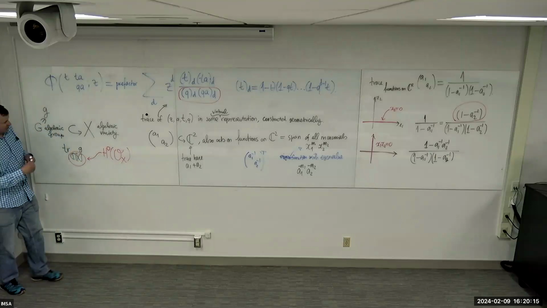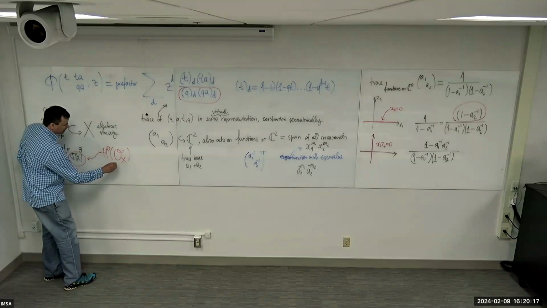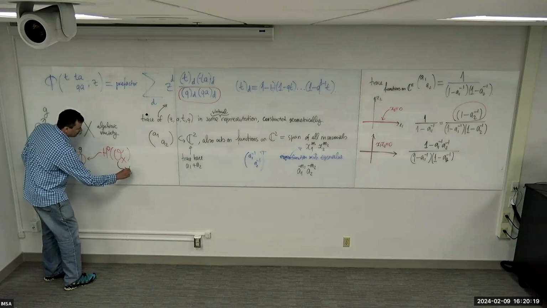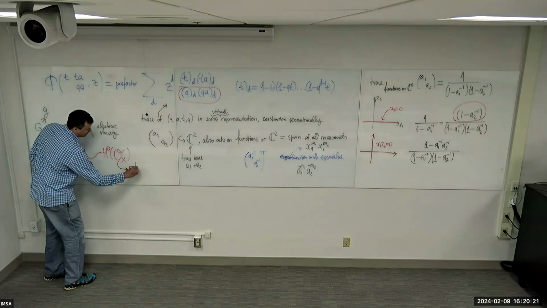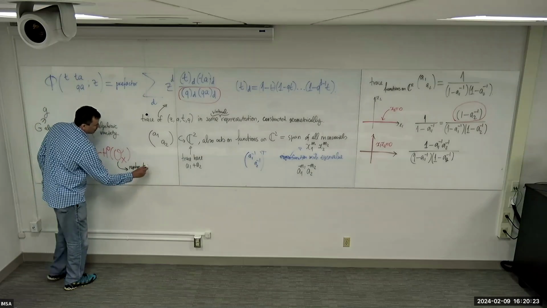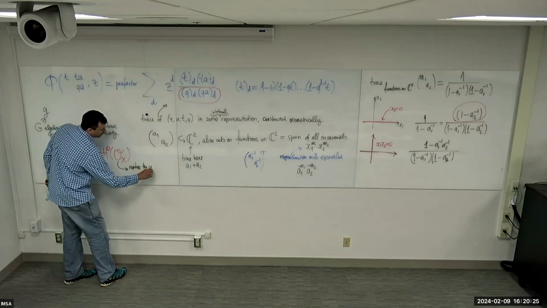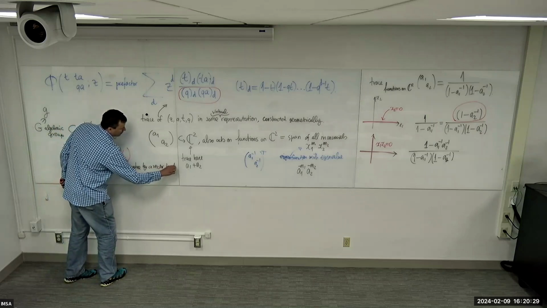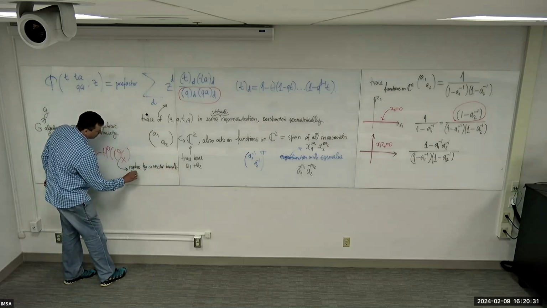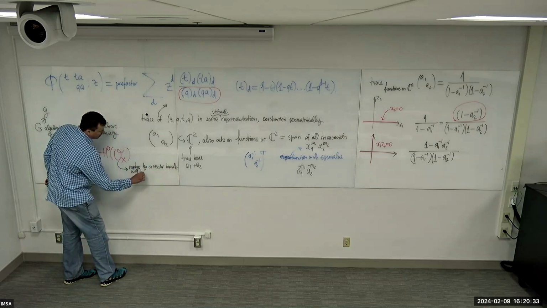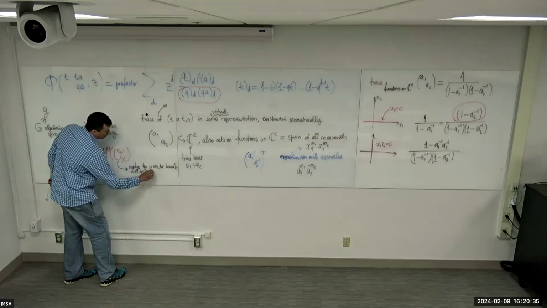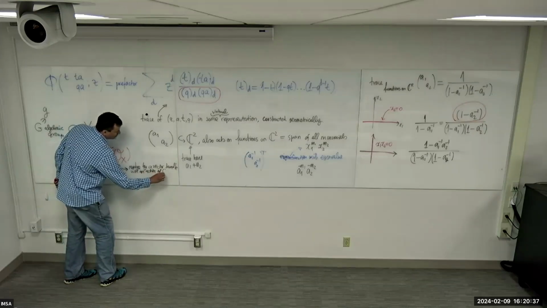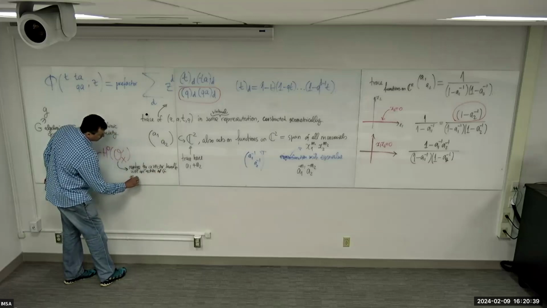And of course, you might as well, instead of this, replace it by a vector bundle with an action of G, or a more general sheaf.